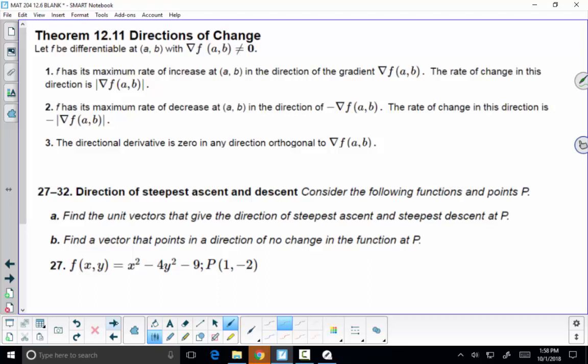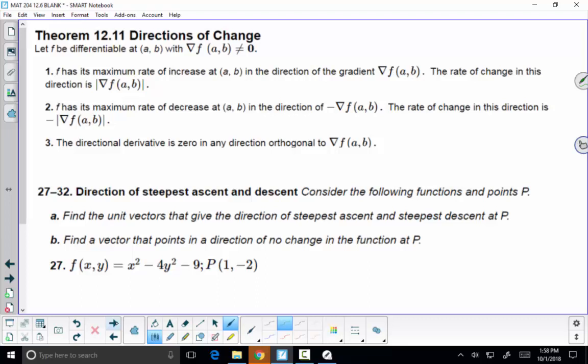But for maxes and mins, we're going to have more than just one derivative being 0. Because if you think conceptually about a max, you're going to have a horizontal tangent plane there. And if we have some curved surface, you can imagine a tangent plane that does have a line in it that has slope of 0, but it doesn't necessarily mean all of the lines have slope of 0.